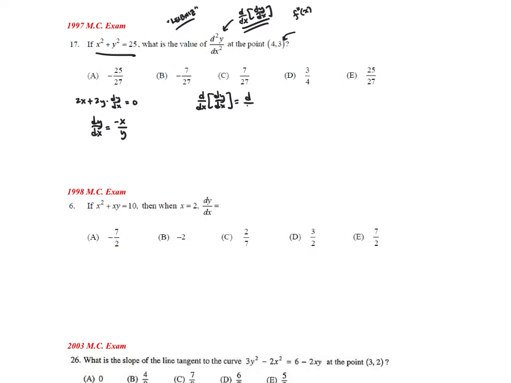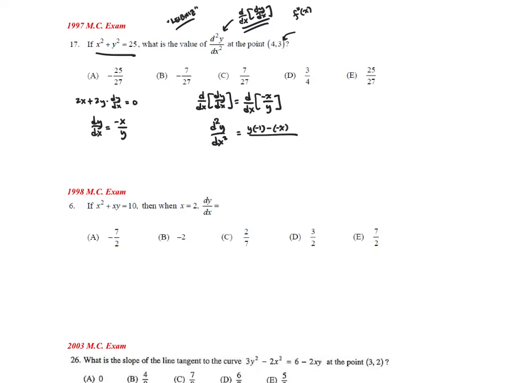The left side we'll see will just come out to be the second derivative. The right side, I'm going to have to use the quotient rule as well as implicit differentiation rules. So like I said, the left side will be the second derivative with respect to x. The right side, we're going to have to do a little bit of work. So using the quotient rule, we're going to take low d high. So that would be the low function times the derivative of the upper, minus high d low.